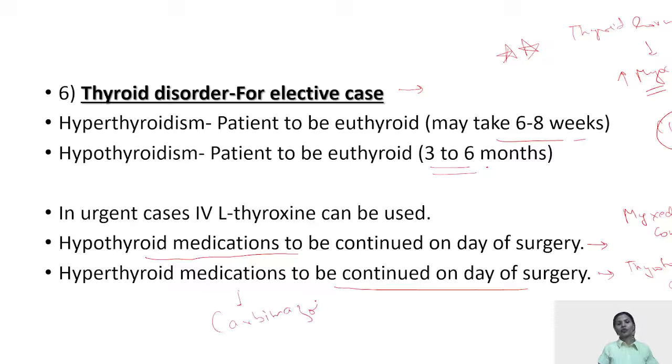These exceptions are very, very important because they have recently become a favourite choice of questions for the examiners to ask. Carbimazole has to be stopped around 48 hours prior to surgery because this drug is increasing the vascularity of the thyroid gland. So this drug is stopped.